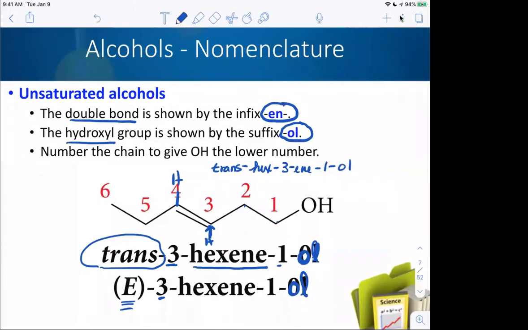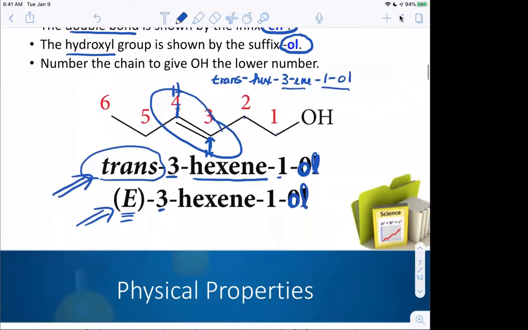That would be another viable IUPAC name, because I can separate these and give the locations right before the infix and the suffix, and that's also a valid name. So don't forget that. But the key here is, if there is geometry around that double bond, you have to somehow account for that geometry and specify which isomer I actually have in my molecule.